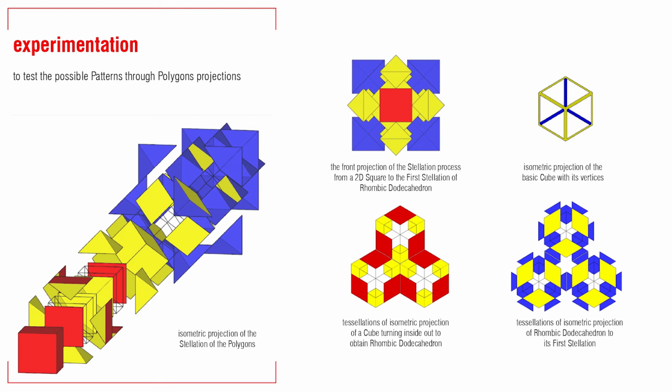Also, by looking at the basic cube in isometric projection, a simple hex diagram colored in blue and yellow is formed. These could be multiple possibilities for patterns usable for the facade or any components of the building. The other two visual patterns are the tessellations of the stellations of the solids.